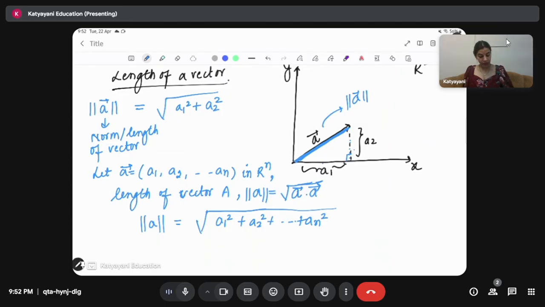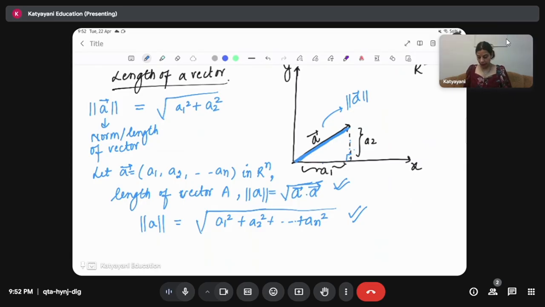You should know this is one way. Another way is you take the dot product and then take the under root. It is the same, one and the same thing, right? So this is how you find out the length of a vector. I hope you're able to visualize it as well from this diagram, right? So diagram I can only show it to you for two-dimensional spaces, and then you can generalize it for n spaces, right?